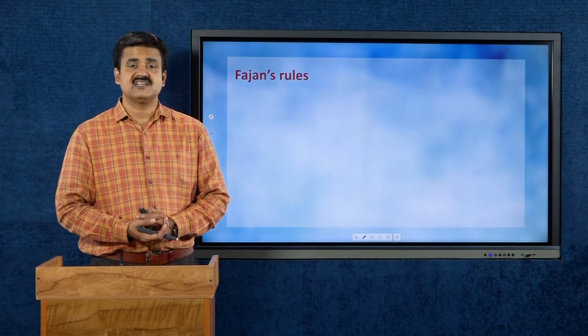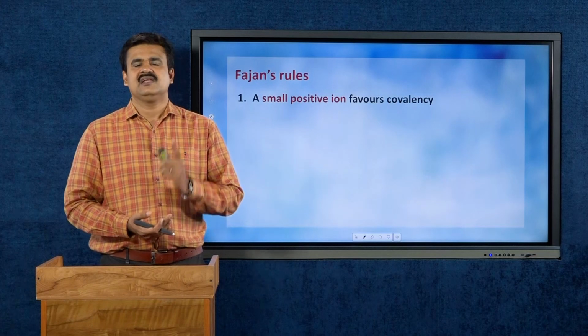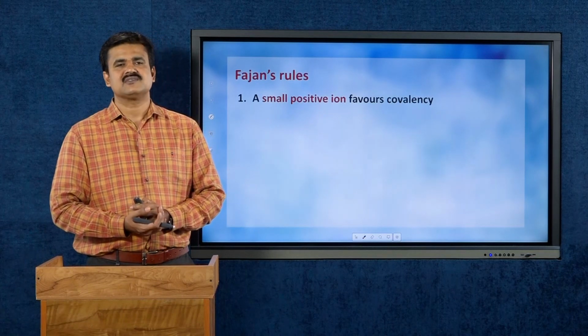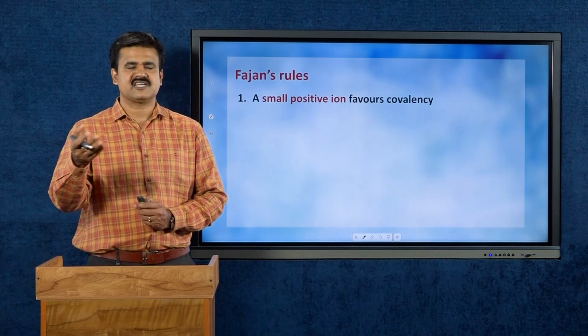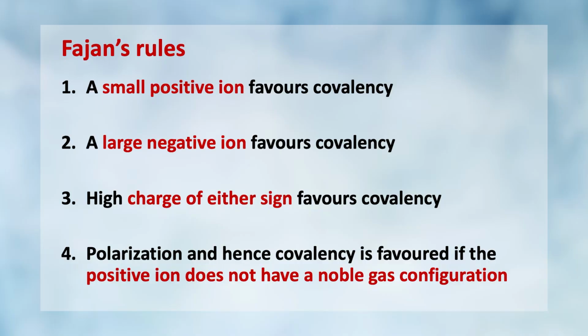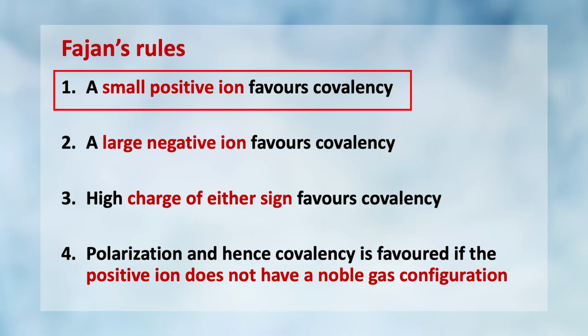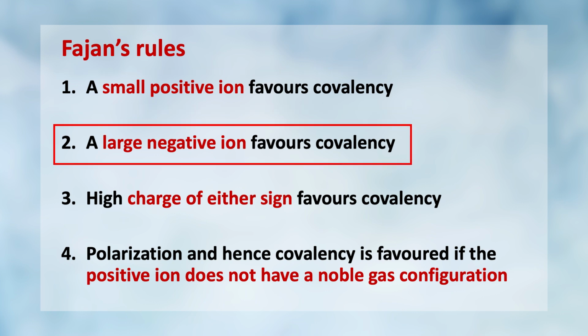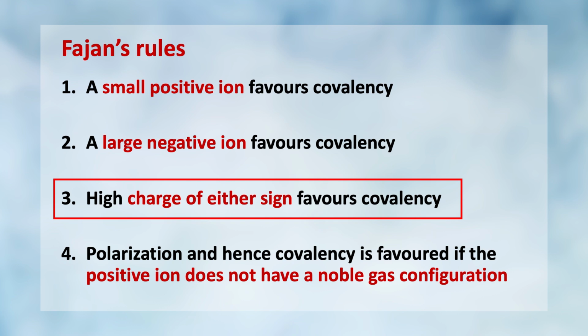Now, the statements of Fajan's rules can be illustrated in 3 to 4 points, and the first point is: a small positive ion favors covalency. The second postulate of Fajan's rules is: a large negative ion favors covalency. Third point: high charge of either sign favors covalency.